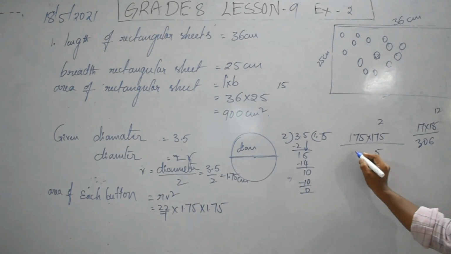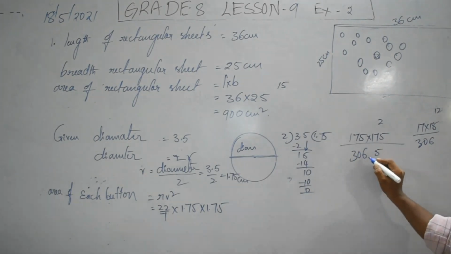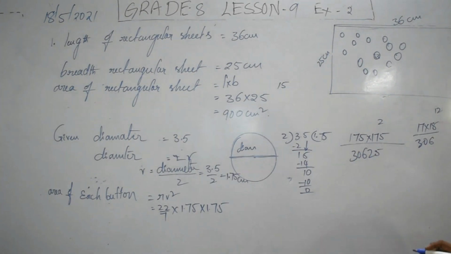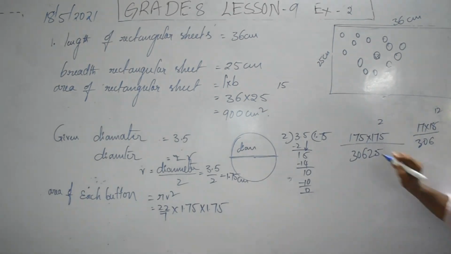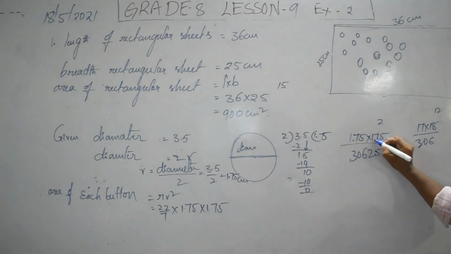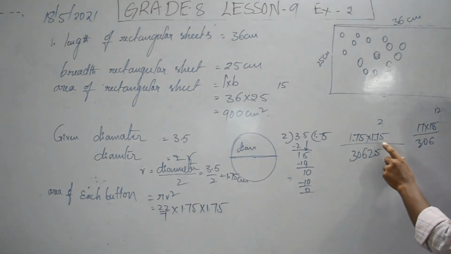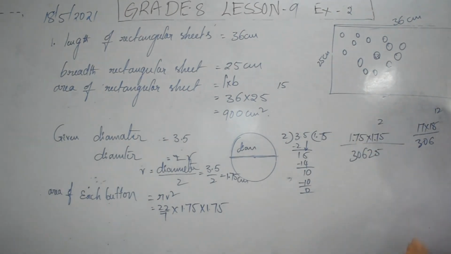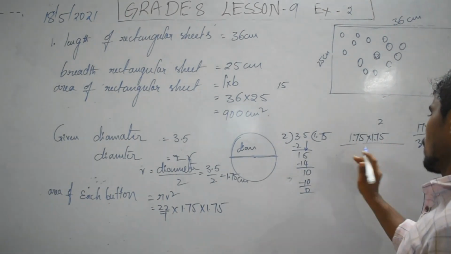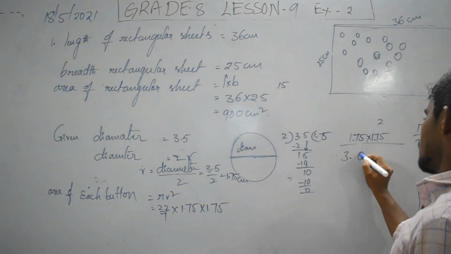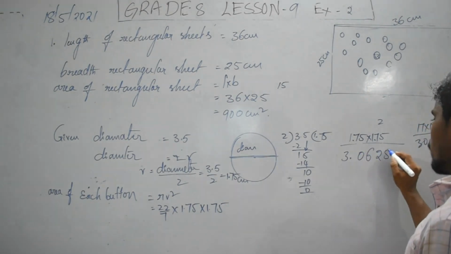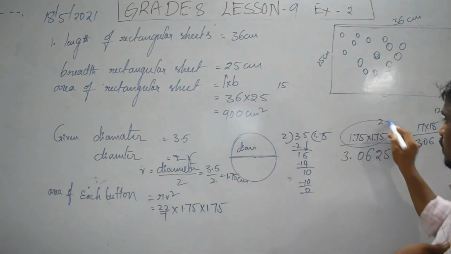So 306.25. Here point: after how many numbers in total? Here 2, here 2. So now 3.0625. This is a shortcut form.